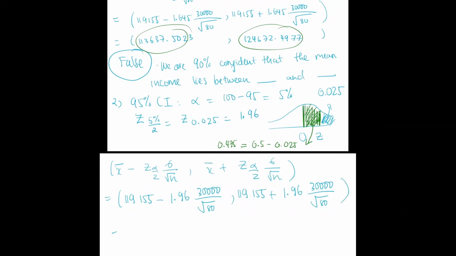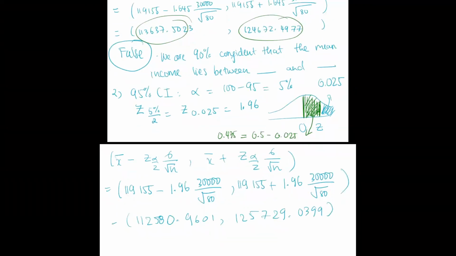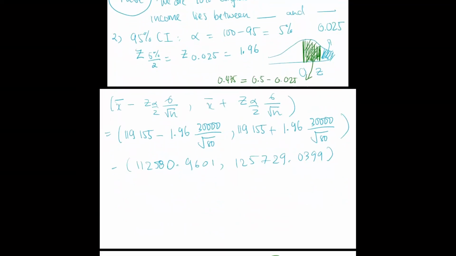And if you calculate correctly, you should get some number like this. Again, the interpretation for this would be, we are 95% confident that the mean income, by this I mean the population mean, lies between the lower bound and the upper bound.